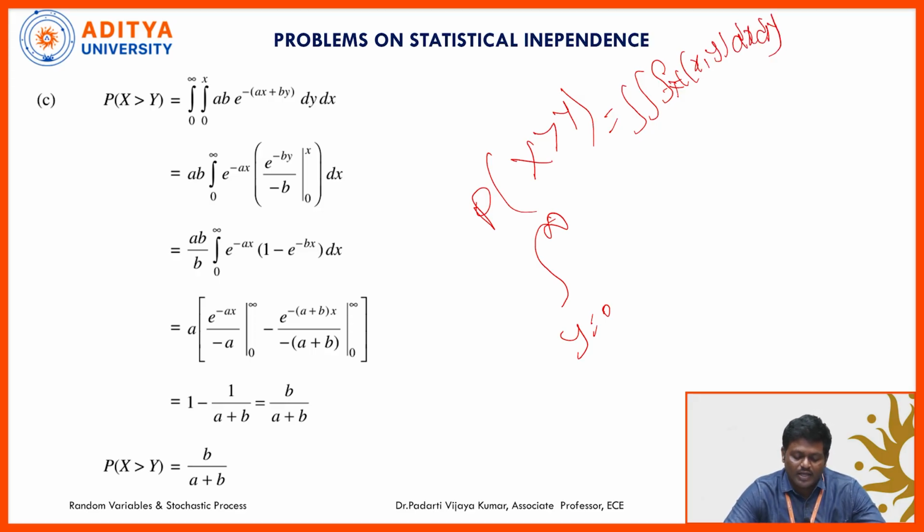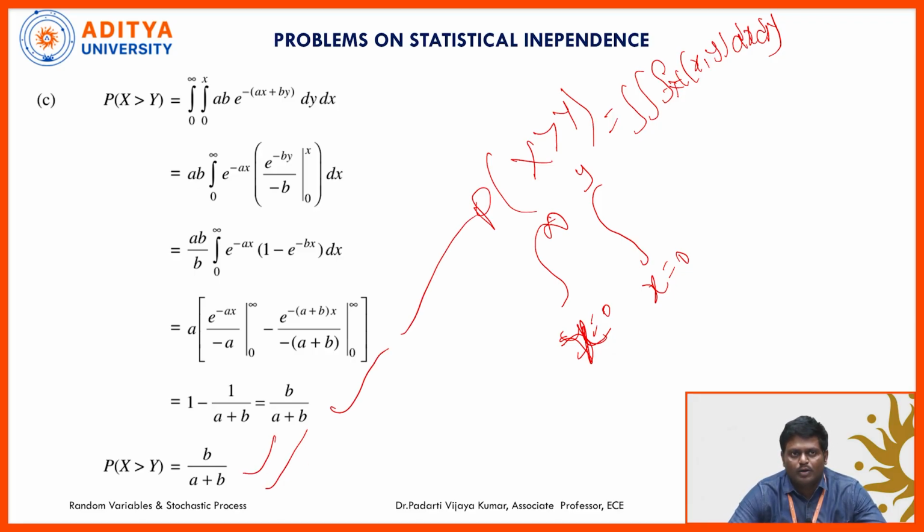So, y limit I am taking as it is, x limit I am keeping as it is, y limit will be, since x is greater than y, y is the upper limit. Substituting the limits and calculating, what we will get is b by a plus b. The probability of x greater than y is b by a plus b.